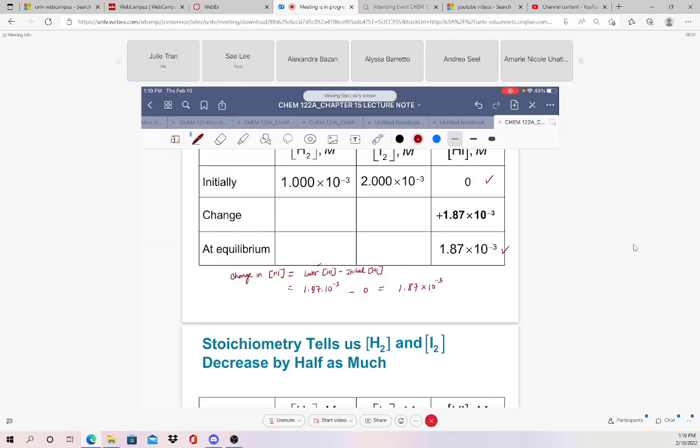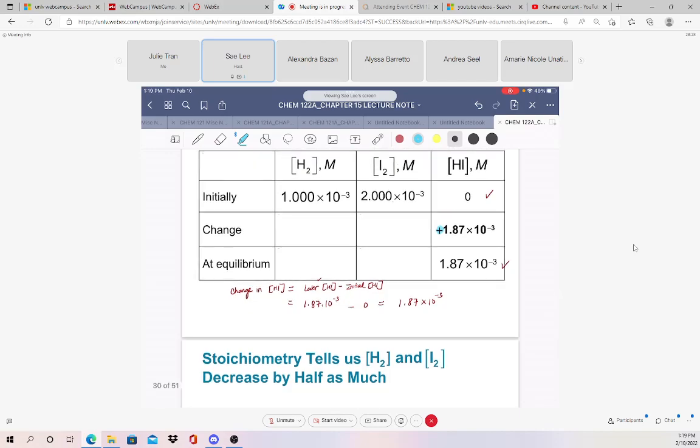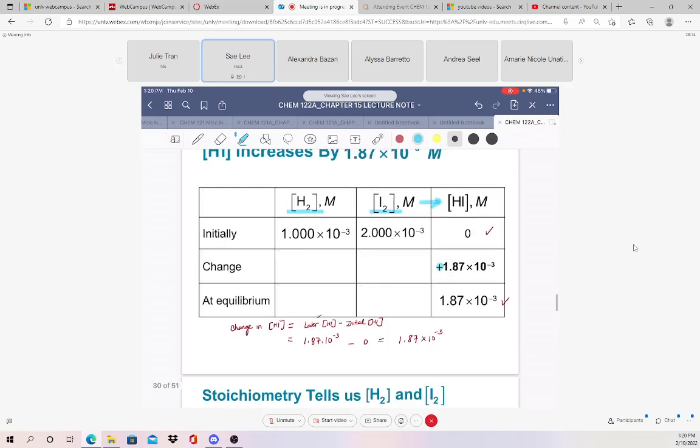Note that we put a positive sign here. The reason is because this system is depleting the reactants to make product. You're making the product, so the change is positive. That's why I put a positive sign over there.